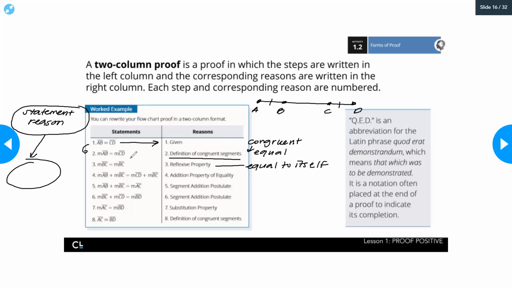Now, using all of the prior information, we're allowed to go to this step 4 piece, where it says that the measure of AB plus the measure of BC equals the measure of CD plus the measure of BC. This falls under the addition property of equality because we are adding things that we already knew was equal. So that's these pieces right here.